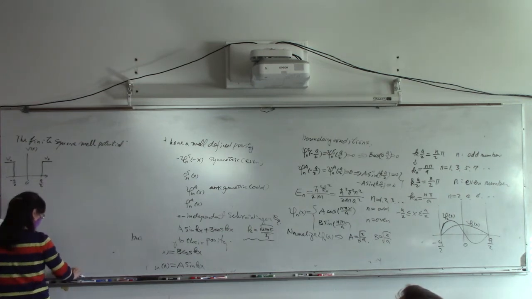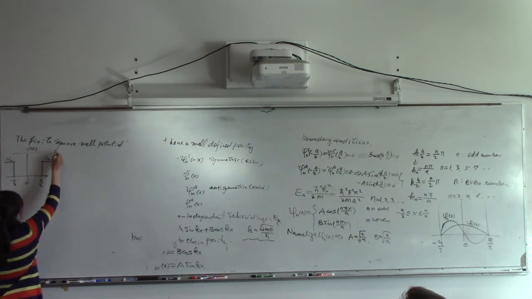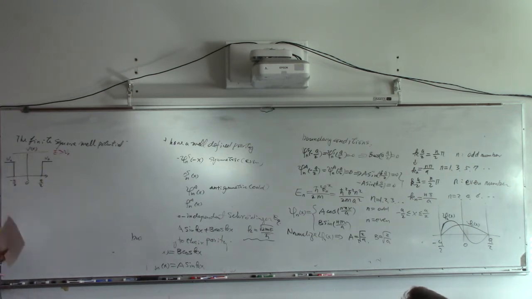For the energy, there are two possibilities. Here is the energy larger than this one. We already discussed this, right? One case is the energy barrier, another is the finite potential well.